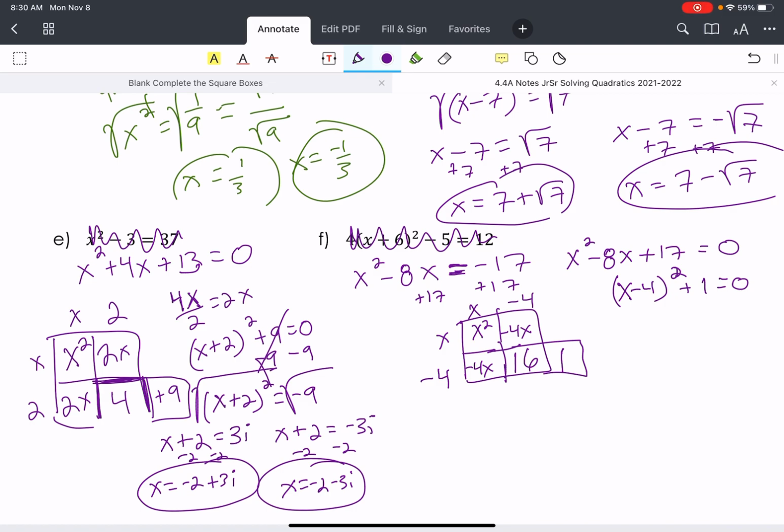Okay. Now what? Now what? Minus the 1. X minus 4 squared equals negative 1. Max, what's next? Yeah.